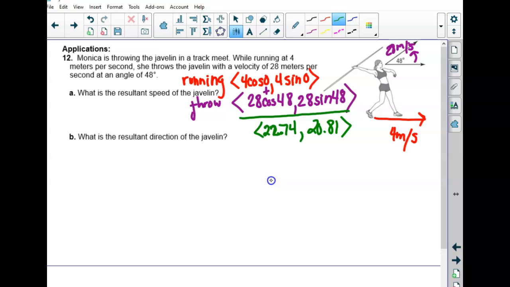Okay. Are we done? Is that the resultant speed? Those are the components. The resultant speed means magnitude. And how do we do magnitude? Yes, the square root of 22.74 squared plus 20.81 squared.